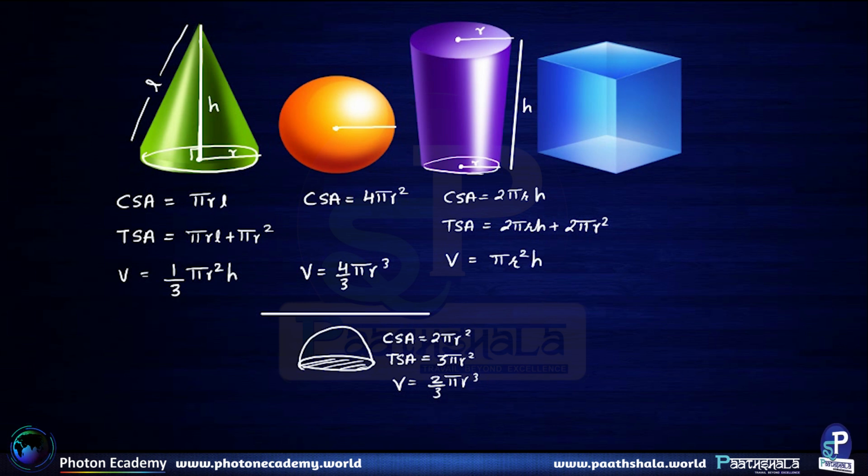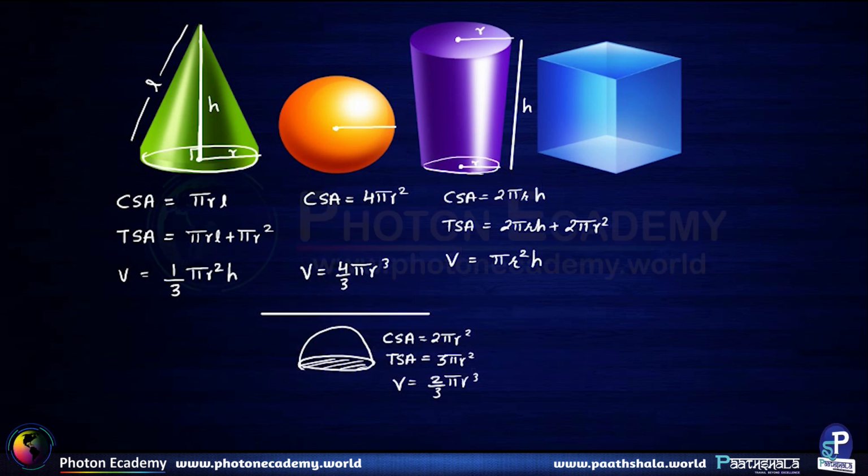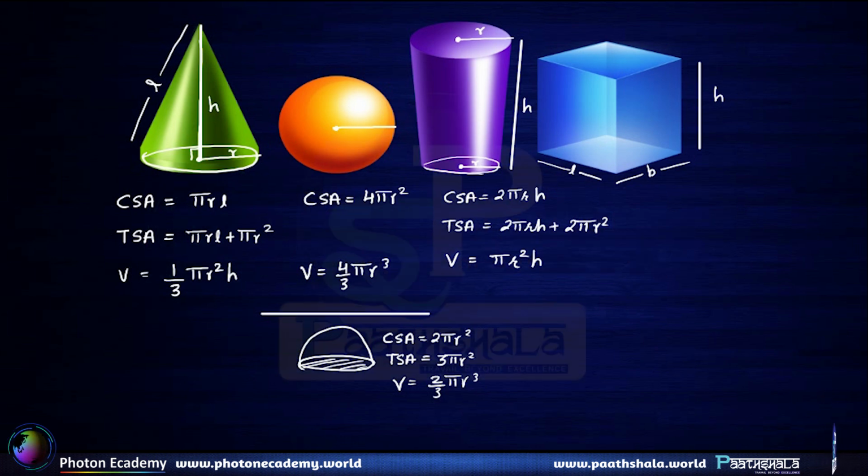So this is a cuboid or a rectangular parallelepiped. So we can say that for this particular diagram, this is the length L, this is the breadth B, and this happens to be the height H. So there is no curved surface over here, so the total surface area for the cuboid is going to be equal to, so each face has the area that is equal to product of the sides that constitute the face.